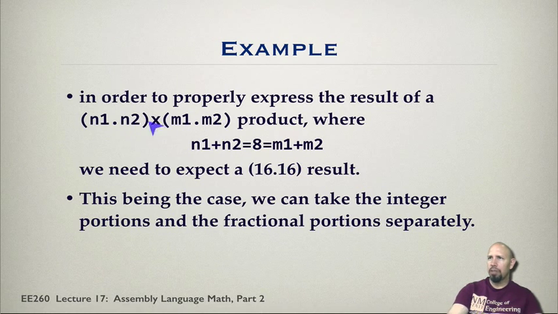So a general multiply like this is going to require, in general, 16 bits to the left of the radix, 16 bits to the right of the radix. And the way you see that is if n1 is 8 and n2 is 0, and similarly with m1 and m2, then that product is going to require 16 bits to represent it.